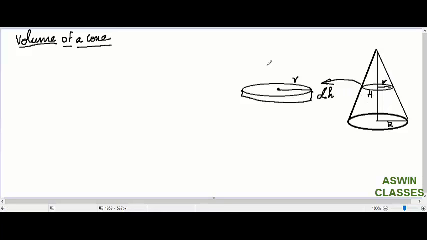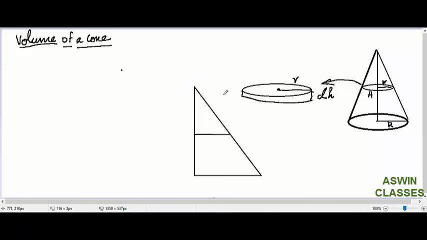Now, suppose I just take that triangle. This right triangle, I just redrew it here.